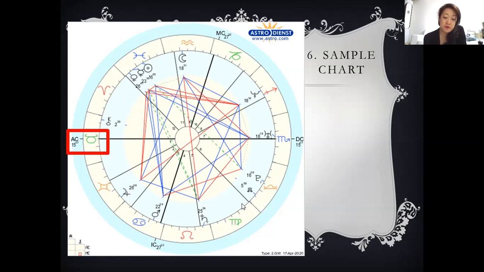So for this person, they're probably going to move homes a lot, because Gemini means a lot of mobility and moving house. And same thing, this is the midheaven at 27 degrees.